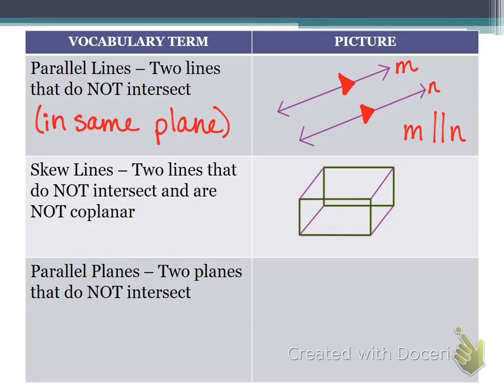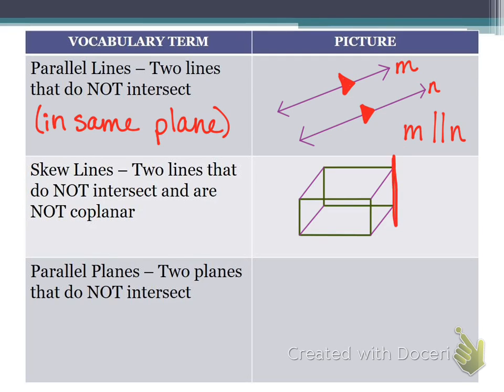So for skew lines, they don't intersect, but they're not in the same plane. So, for example, if I take this back right side here, if I take that line and extend it, I'll just do it in red.